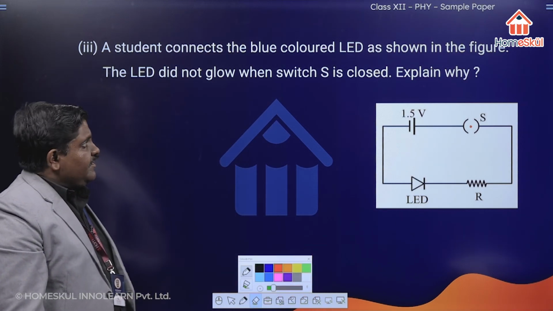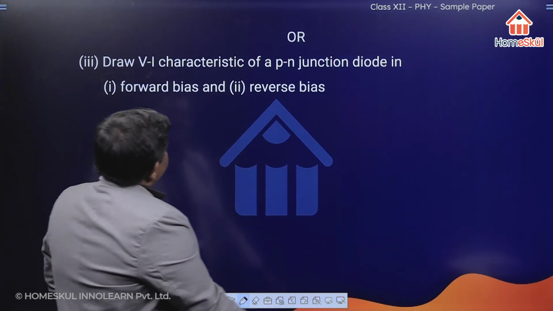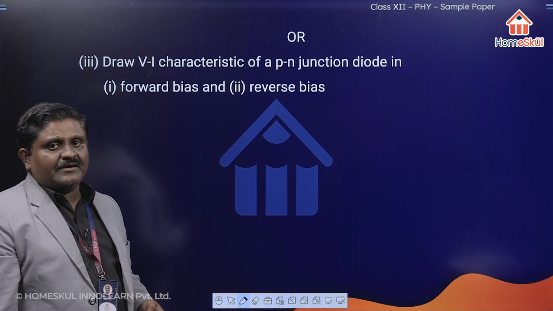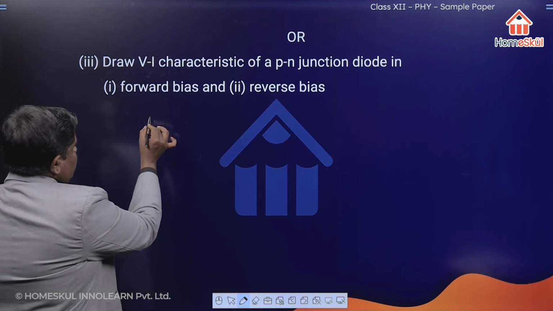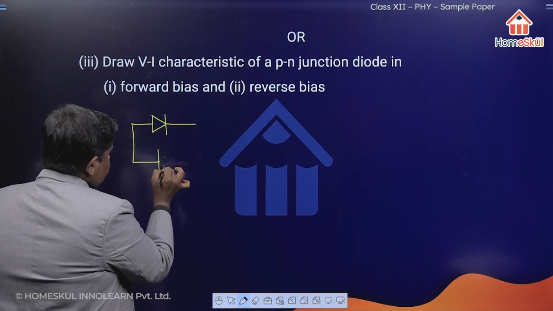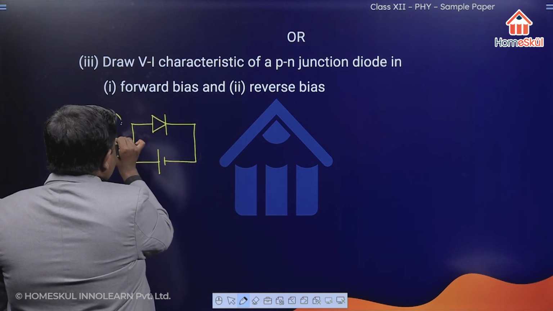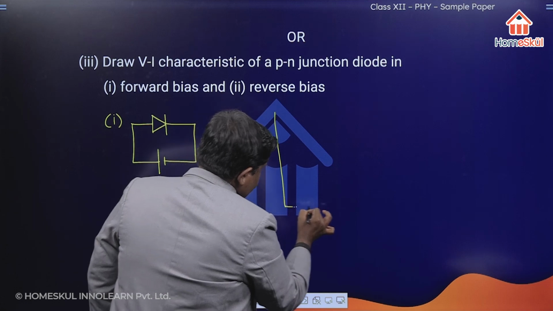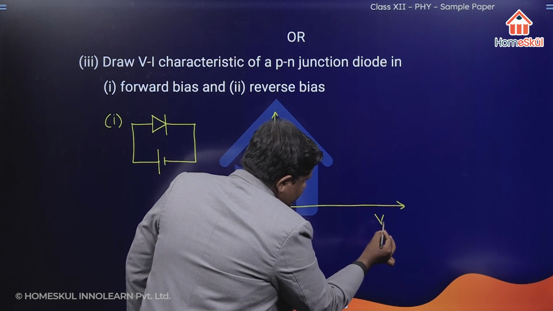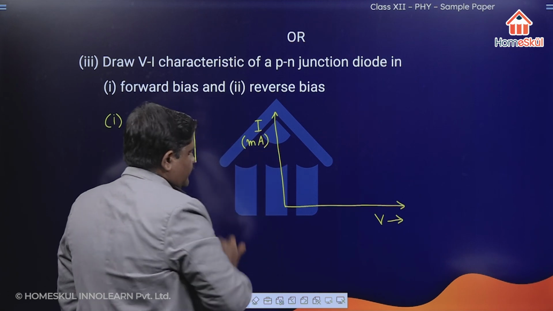Clear? Then next one: draw the VI characteristics of a PN junction diode in first forward bias and second reverse bias. When the diode is in forward bias, this is the connection for forward biasing. When we draw the graph between the voltage and current, in forward bias the current is measured in milliampere.